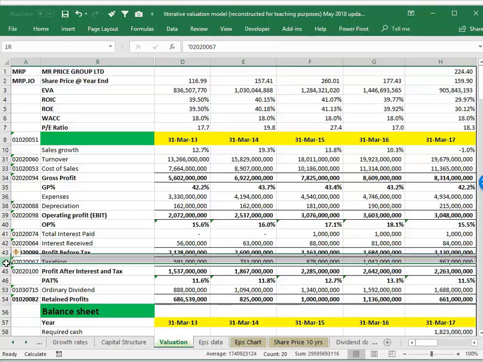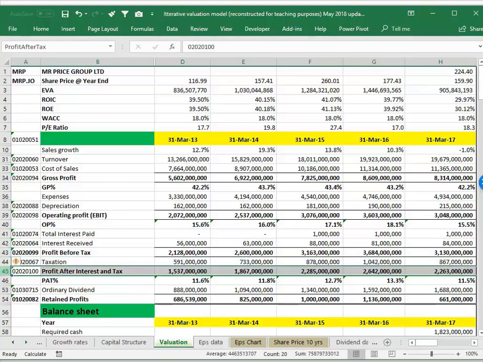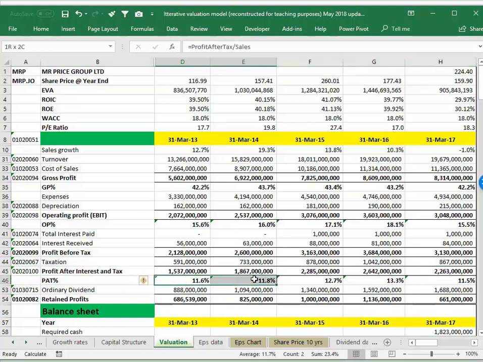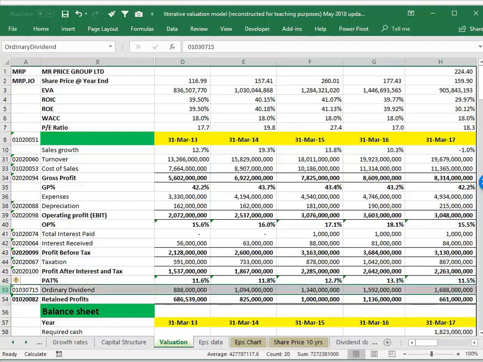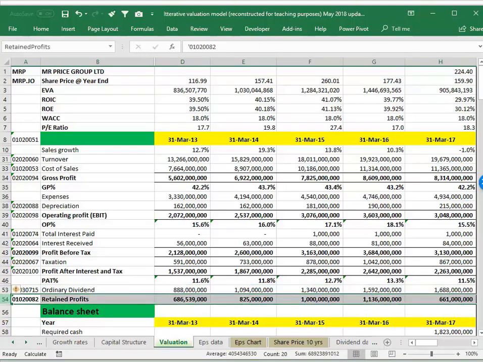We then pay some taxes, we're left with a profit after tax, and again here we can measure the profitability, and we can see how this has increased from 11.6 up to 13.3%, and there in 2017 is a decline. Mr Price is a good dividend payer, paying out approximately half of its profits in dividends, and there are the retained earnings that flow through into the balance sheet.